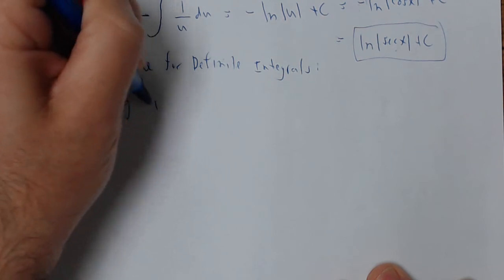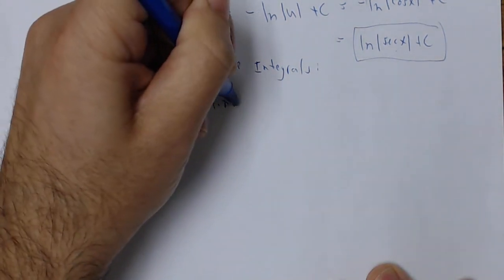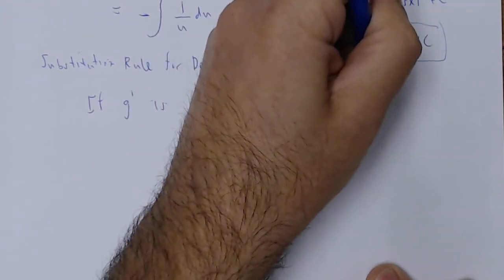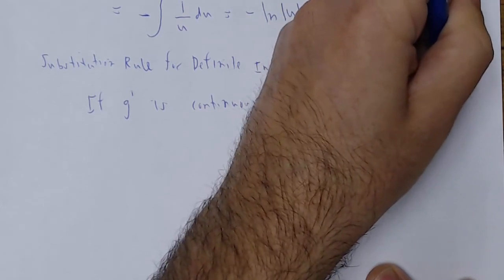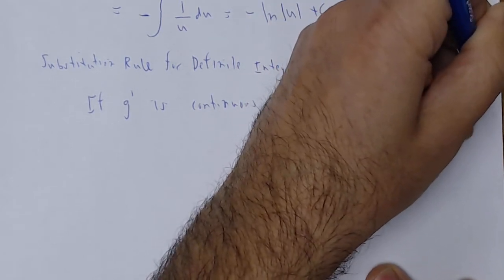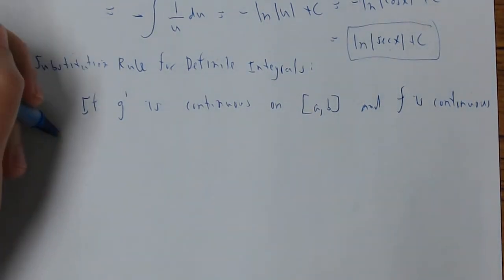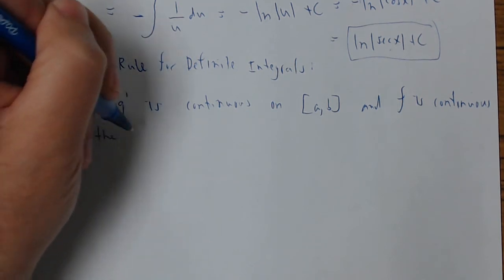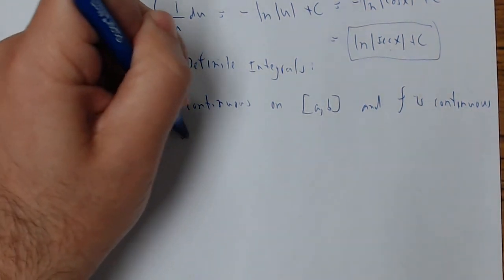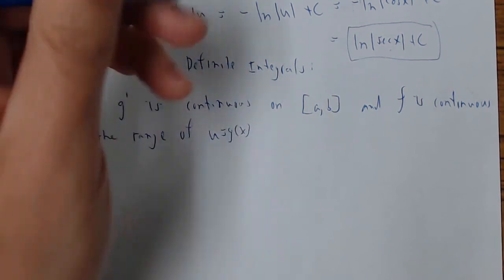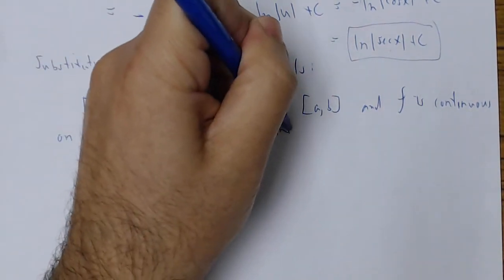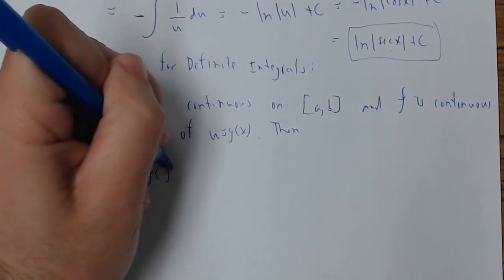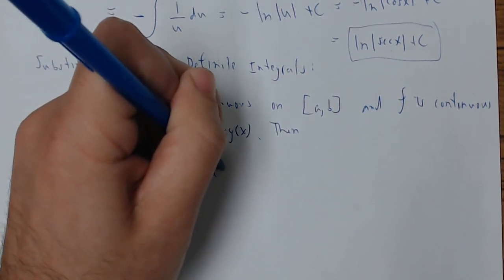If g prime is continuous on the interval from a to b, and f is continuous on the range of u, which we have set to g of x, then the integral from a to b of f of g of x times g prime of x dx.